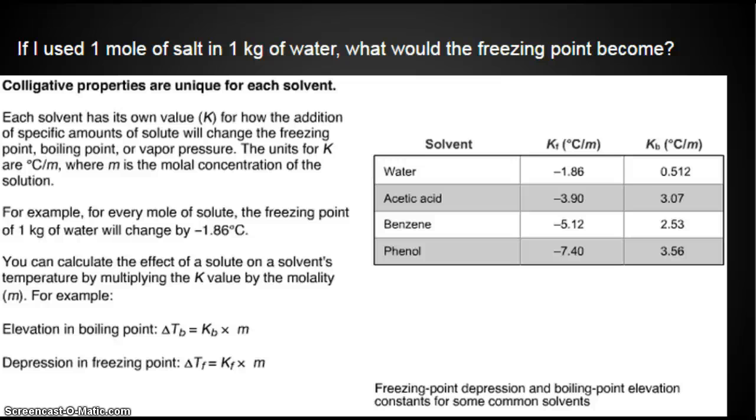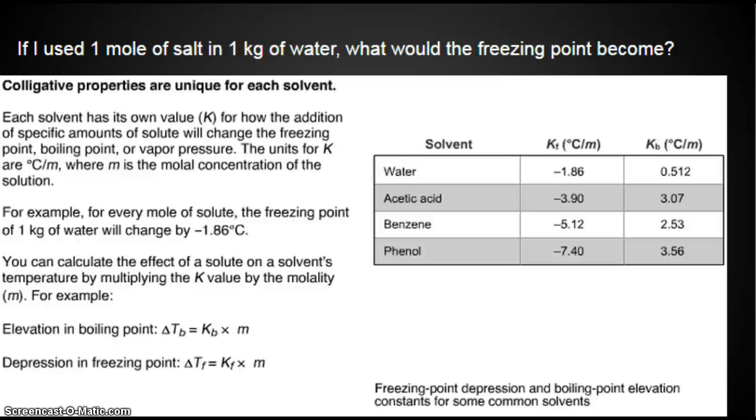So let's look at some math. Colligative properties are unique for each solvent. Each solvent has its own K, K is the variable that we use, for how the addition of specific amounts of solute will change the freezing point, boiling point, or vapor pressure. The units for K are degrees Celsius per molal, where lowercase italicized m is the molal concentration of the solution.